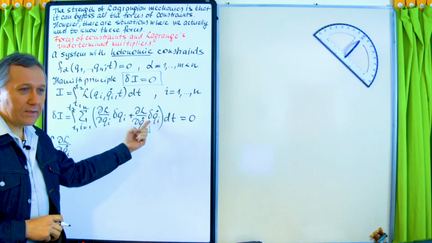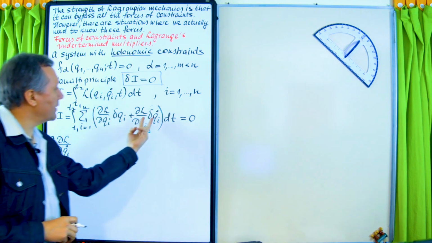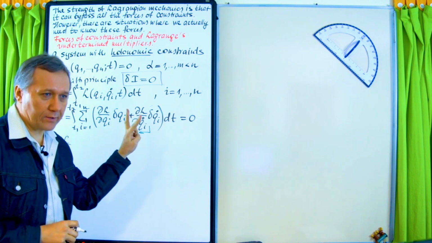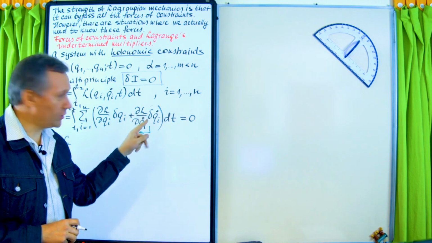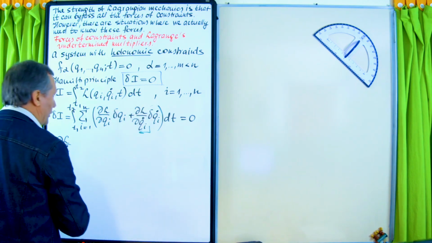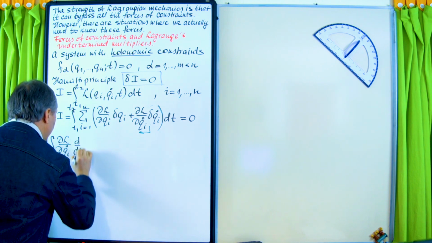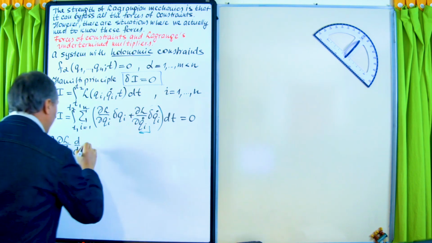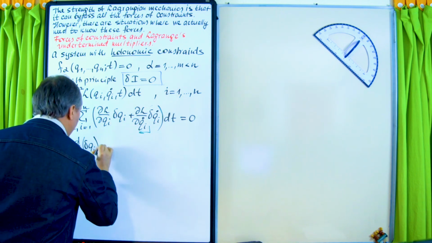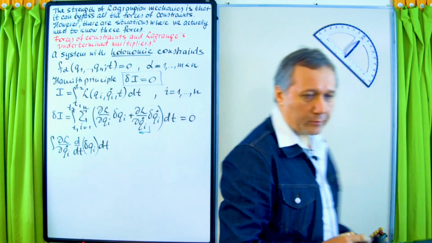Since during the virtual displacement time is held constant, I can easily interchange this differentiation with respect to time and variation. So I can take d over dt outside, and then I will have delta q_i. So I will have d over dt of delta q_i, and of course dt. So basically I just rewrote this integral.